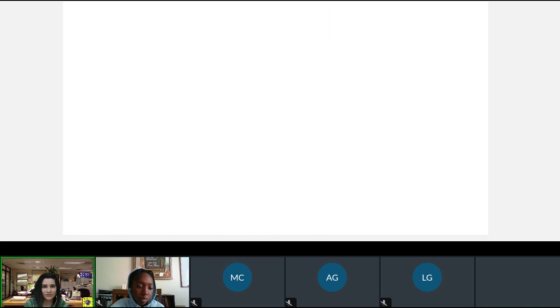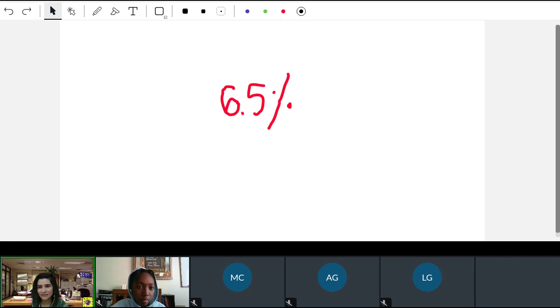Okay, let's try this one. I want you to write down 6.5% as a decimal, and let's see how many of us know how to do that. Whiteboard is now open. Write down 6.5%, and I'm going to check with a green check mark to let you know if you are correct.